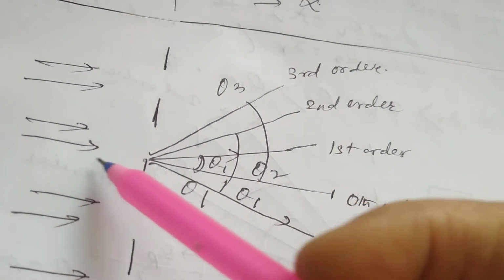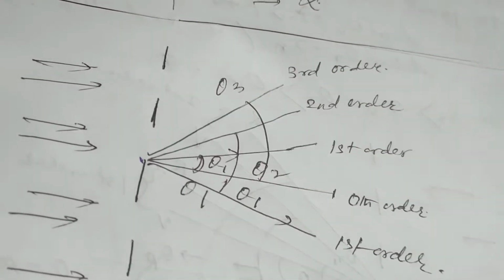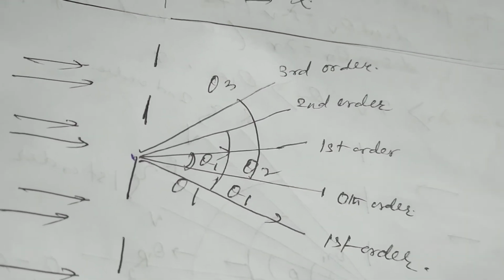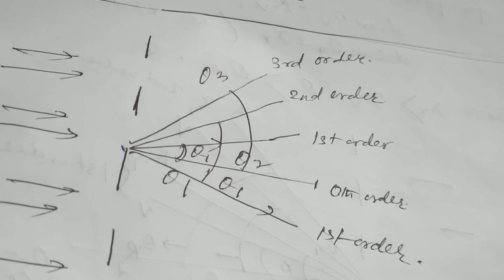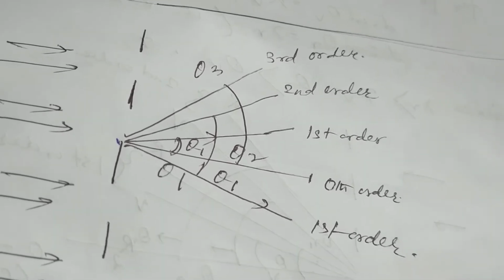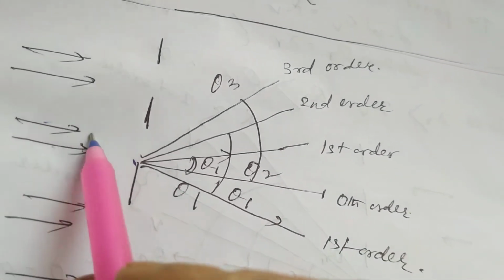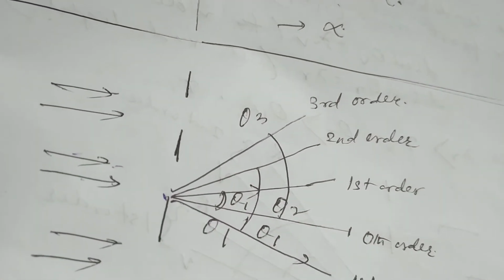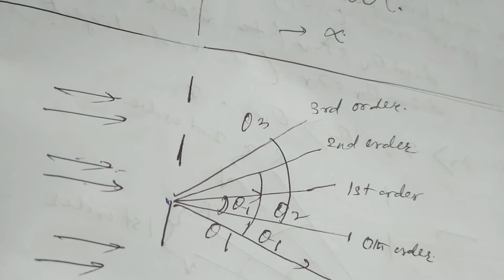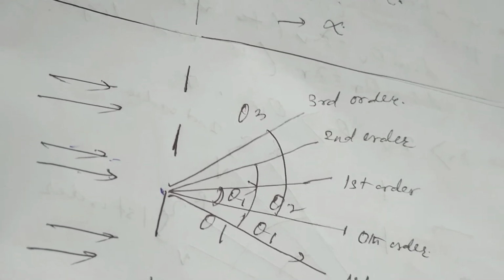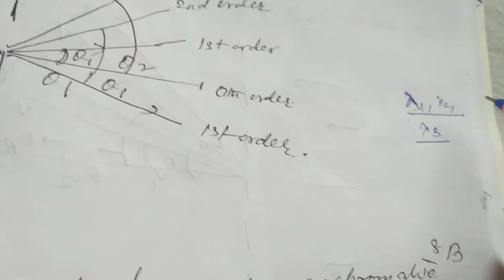So let us consider a source which has 3 wavelengths, lambda 1, lambda 2 and lambda 3. It is not a monochromatic source.